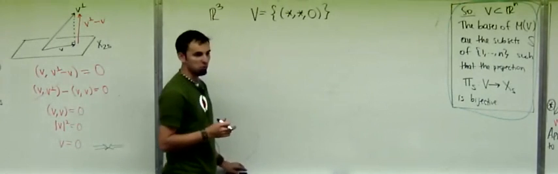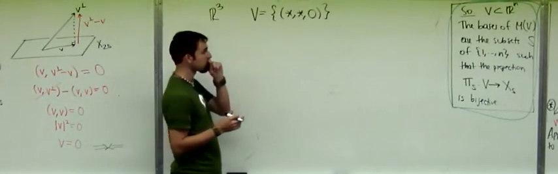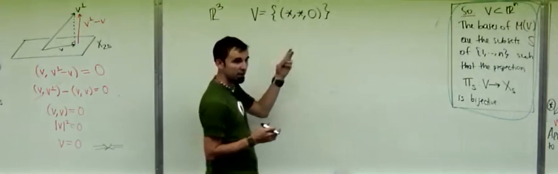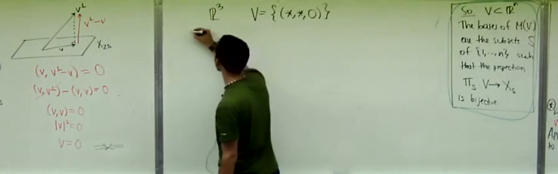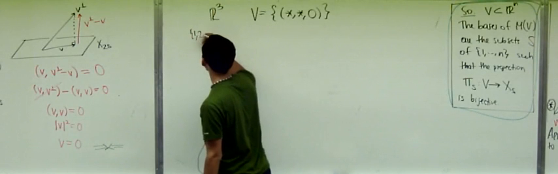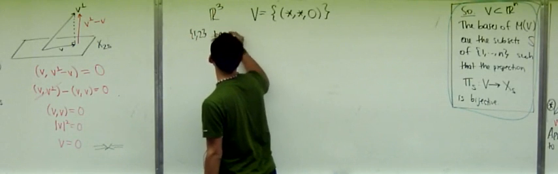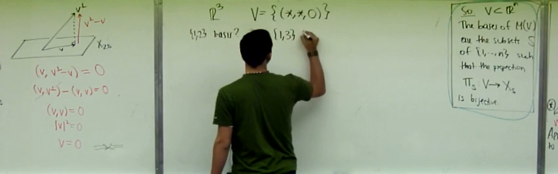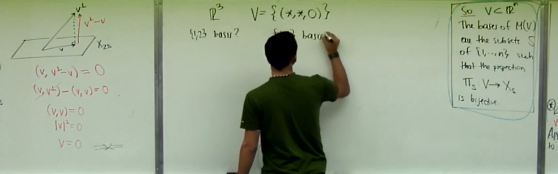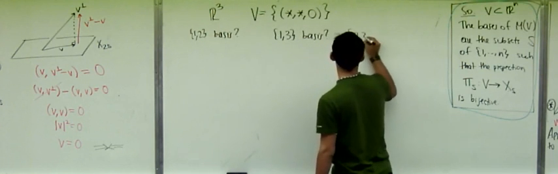So this is going to define a matroid. And the bases are going to be pairs. And so the question now is, which are the bases? So is 1, 2 a basis? Is 1, 3 a basis? Is 2, 3 a basis?